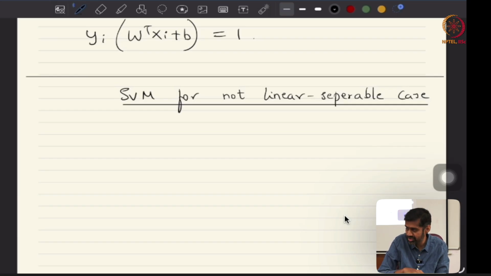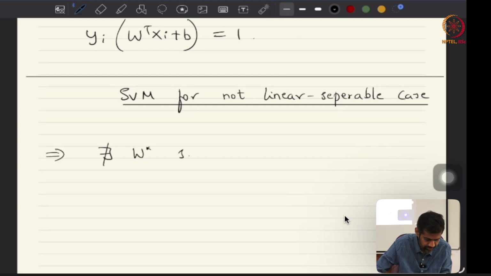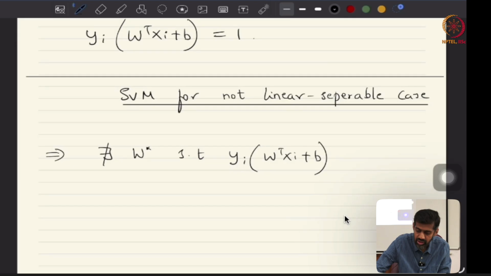Which means that there does not exist a W star such that you get 100% accuracy on data. So what do we do in that particular case is the question. Let us look at that. So this implies that there does not exist a W star such that yi times W transpose xi plus b is greater than 1 for all i.